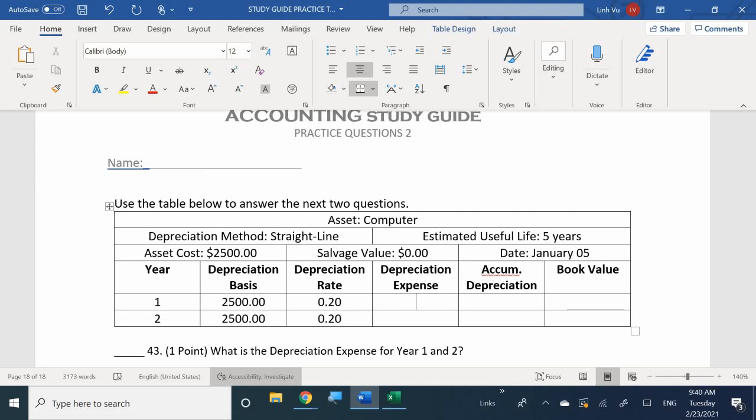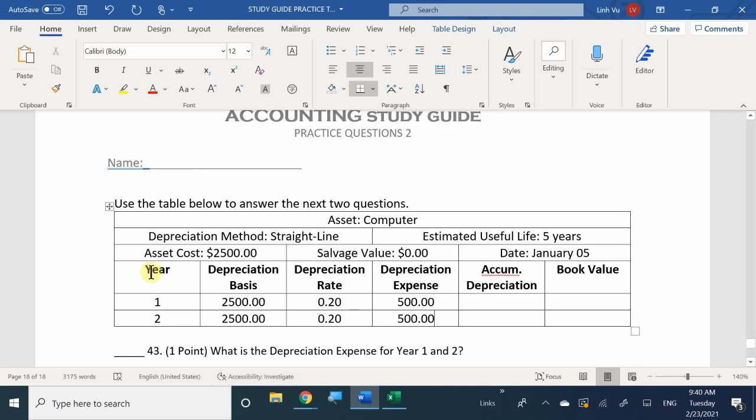Good. All right. So therefore, what is my depreciation expense going to be for the first year? $500. And because we know this is straight line, and we are depreciating it as of January 5th, therefore we're depreciating it for the whole year, assuming that it is done at the end of the year.